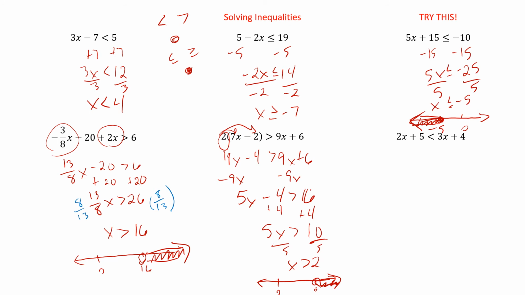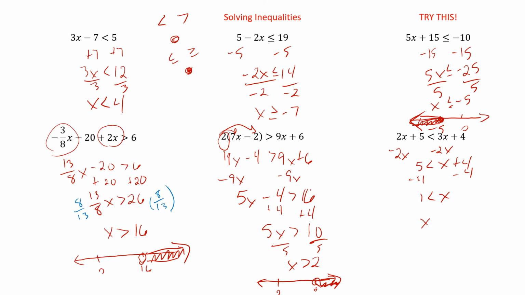All right, next one, 2x plus 5 is less than 3x plus 4. To keep the x's positive, I'm going to subtract 2x. So we have 5 is less than x plus 4. Subtract 4. 1 is less than x, which we can switch around if we want.